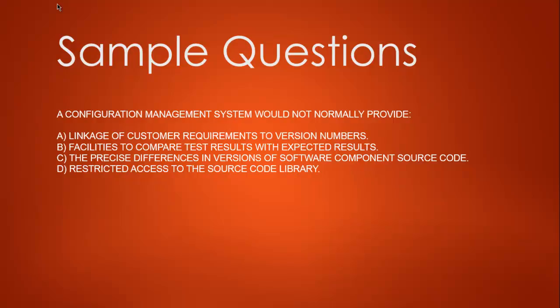And then restricted access to source code library, say something like Git repository or code repository, so that is possible. So A, C, and D are part of configuration management system. So your option here is B. Okay, so the right answer is B.